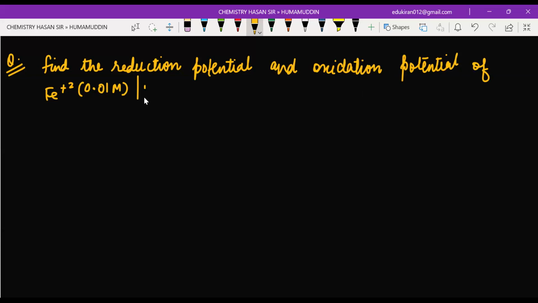The representation is given as this, and it is also given that the standard electrode potential E naught Fe plus 2 slash Fe is given as this. I think you can do this.